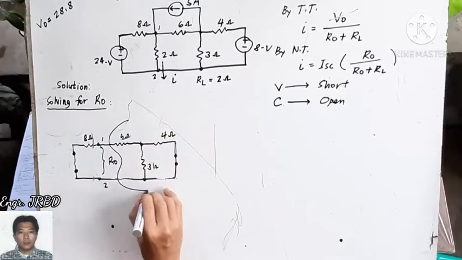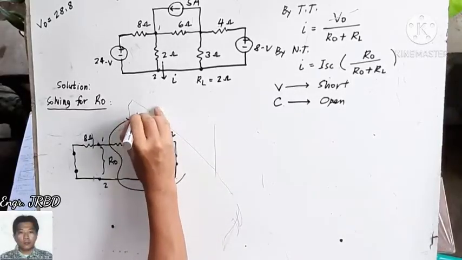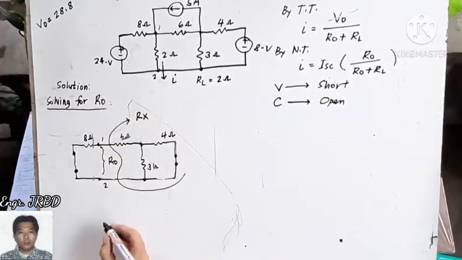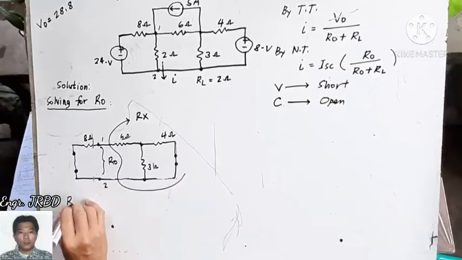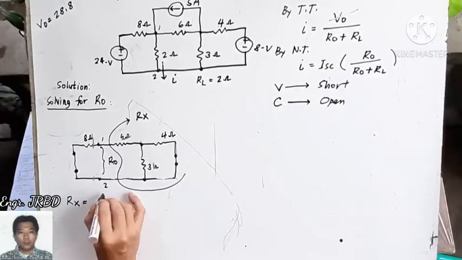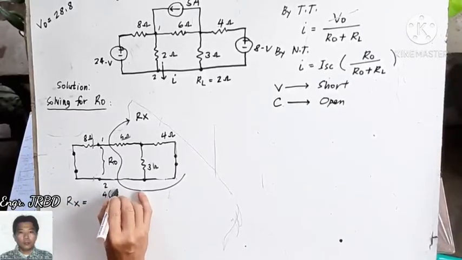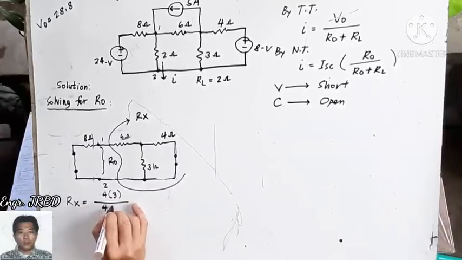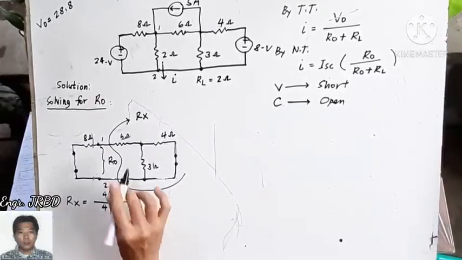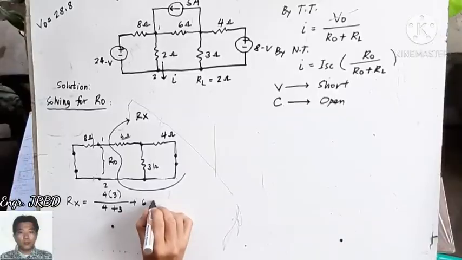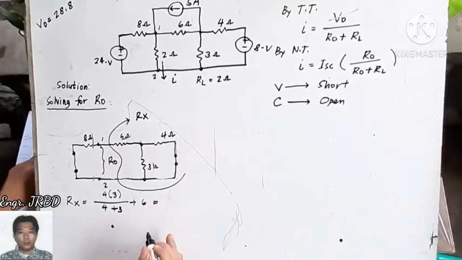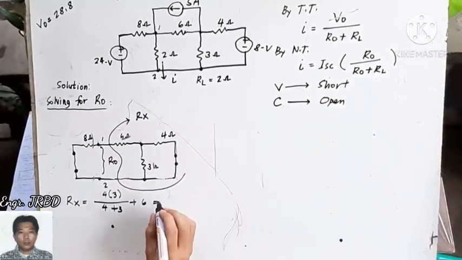Supposing that this series parallel group is denoted by Rx. So what is Rx equal to? This is 4 times 3 divided by 4 plus 3 plus 6 ohms. And that is equivalent to 7.714.